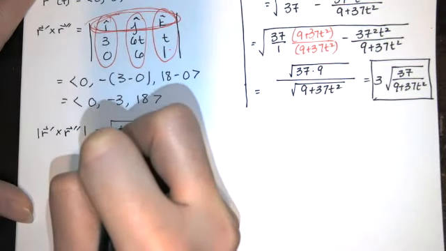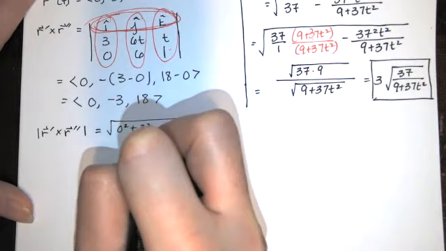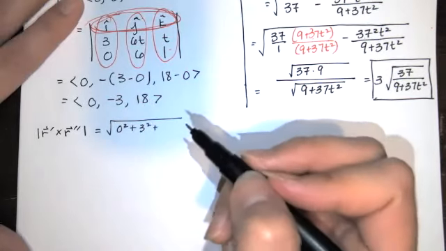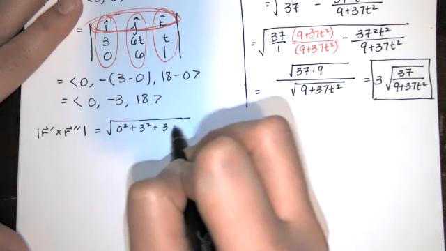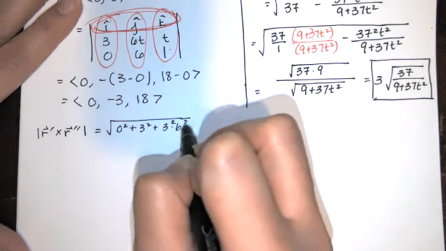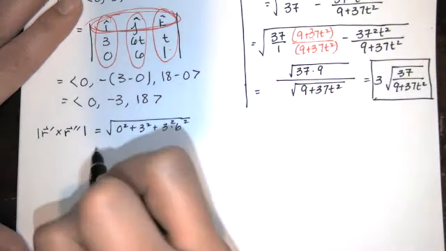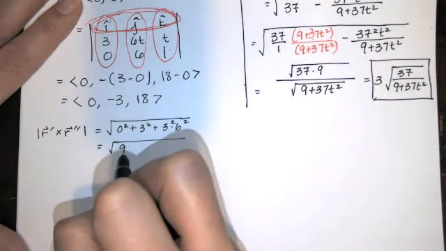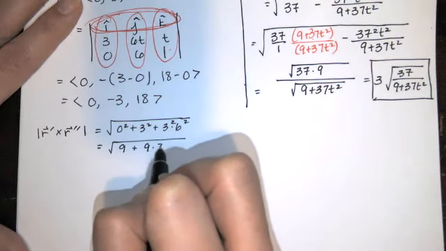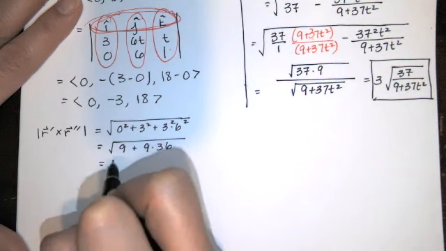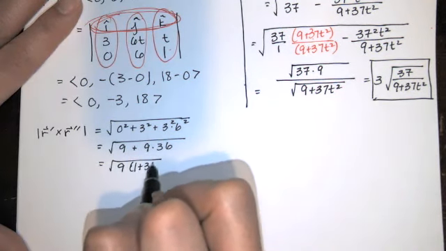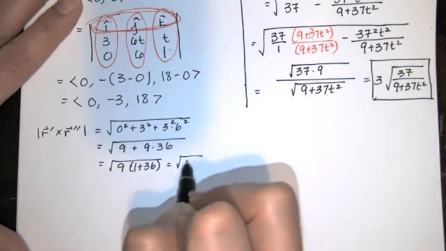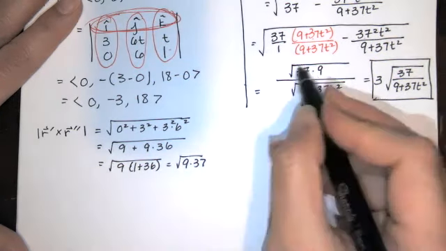So you just take the components, you square them and add them and take the square root. And I think I'll write the 18 as 3 times 6. So when I square it, I'll have 3 squared times 6 squared. So we have 9 plus 9 times 36. What do you know? That's 9 times 1 plus 36, or 9 times 37. Looking familiar?